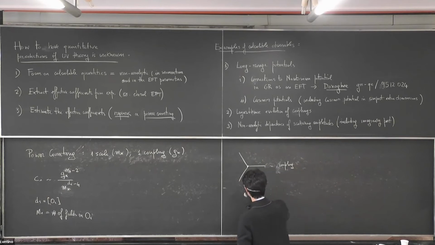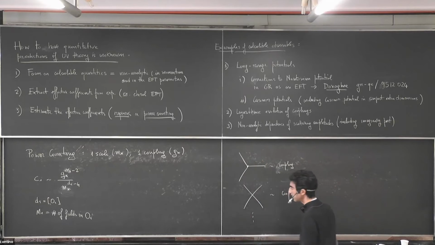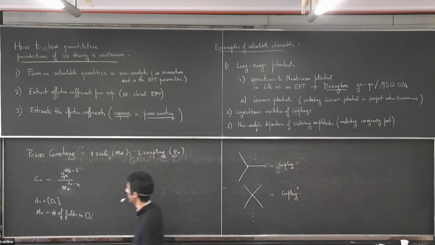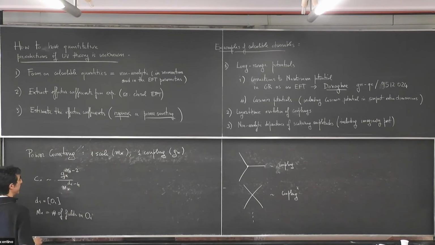A quartic interaction goes like a coupling squared, and so on. So the general rule is that you have the coupling to the number of fields minus 2.